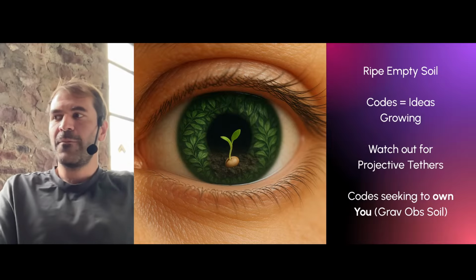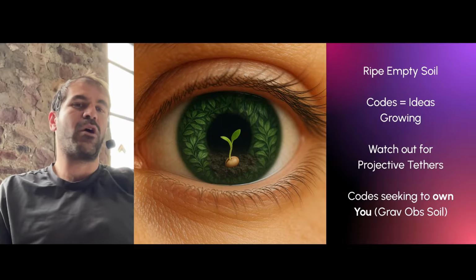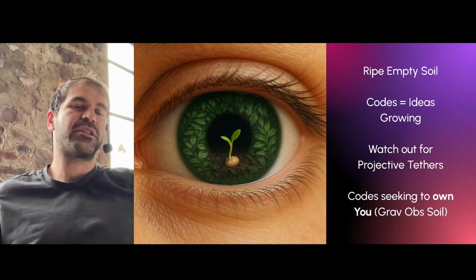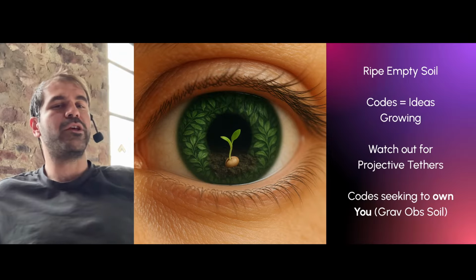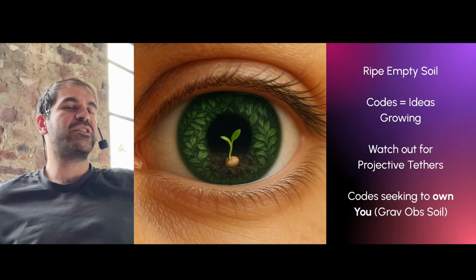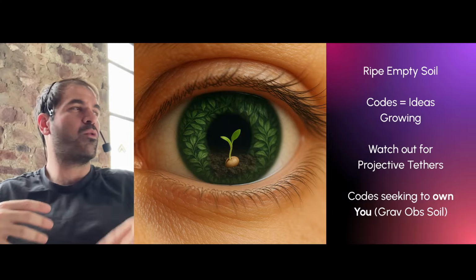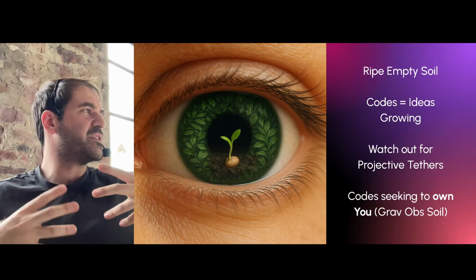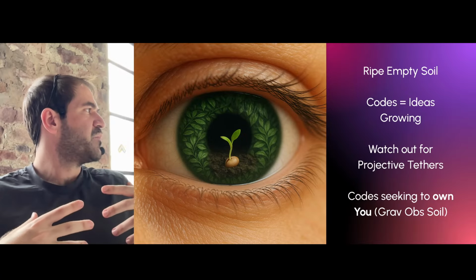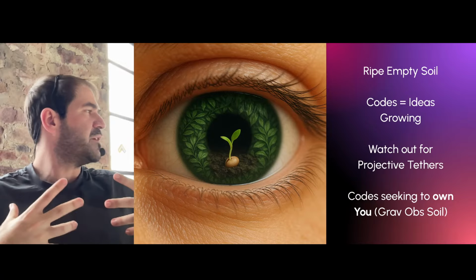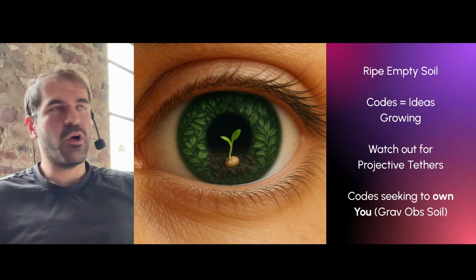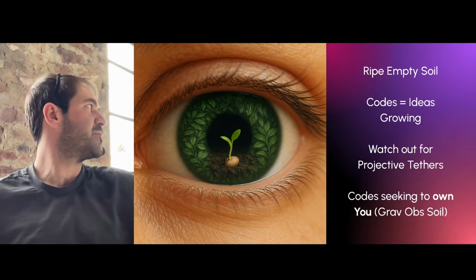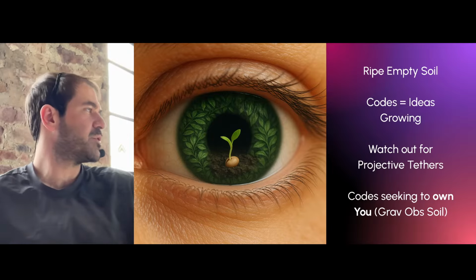So now the next thing that it says is to watch out for projective tethers. Why? Because codes are seeking to own you. That gravitational observational soil is so rich with potential and possibility, and it's so open and empty and free that at any moment it can get one of those little projective tethers that come from another little observer portal.